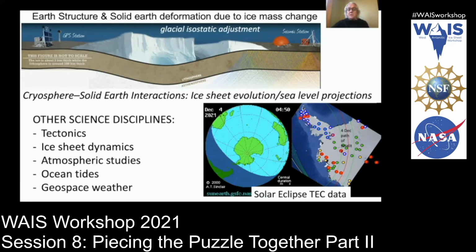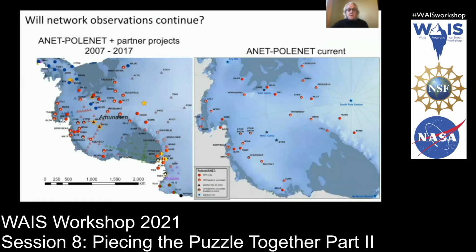For example, tectonics, ice sheet dynamics, atmospheric studies, ocean tides, geospace weather, with a cool upcoming example of using ionospheric total electron content derived from the GPS signal to study the December 2021 eclipse. So clearly more and more science is emerging from these data streams from this observational network, but will those network observations be able to continue?